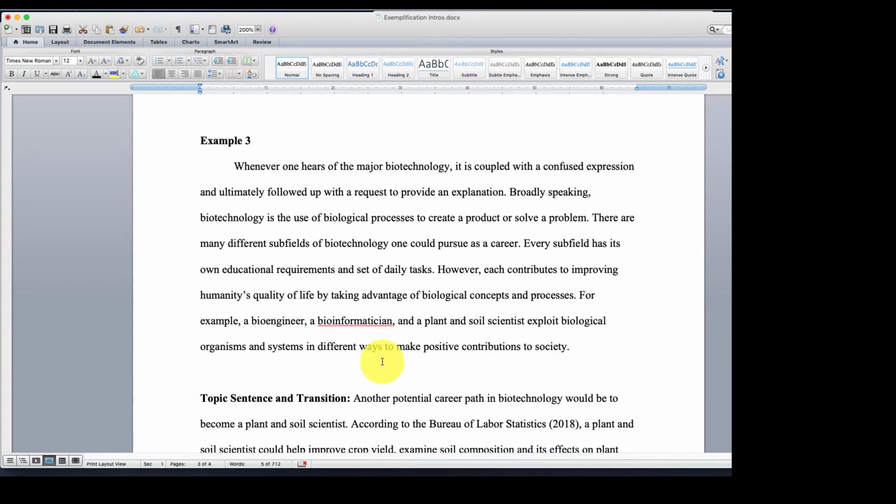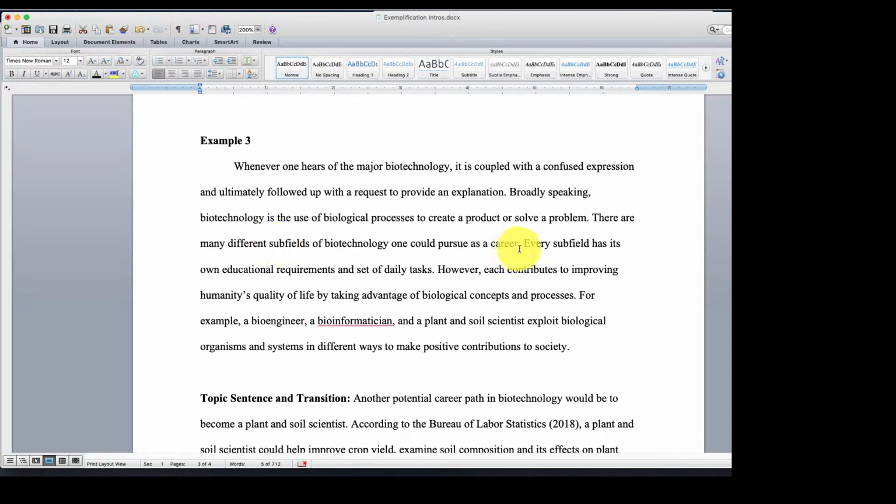In example 3, let's go over this one. Whenever one hears of the major biotechnology, it is coupled with a confused expression and ultimately followed up with the request to provide an explanation. Broadly speaking, biotechnology is the use of biological processes to create a product or solve a problem. There are many different subfields of biotechnology one could pursue as a career.